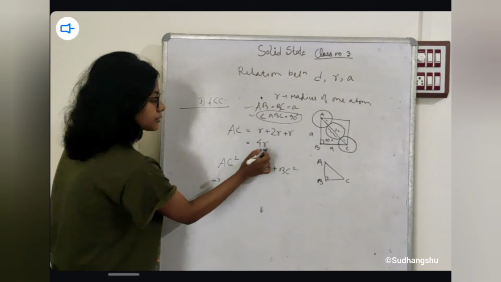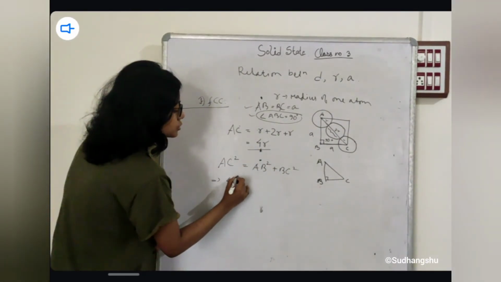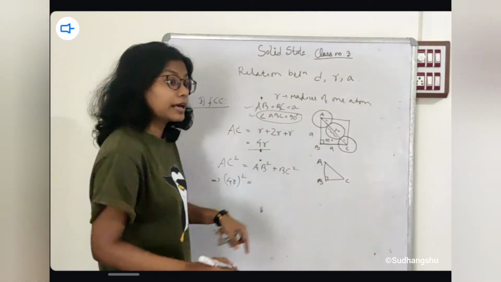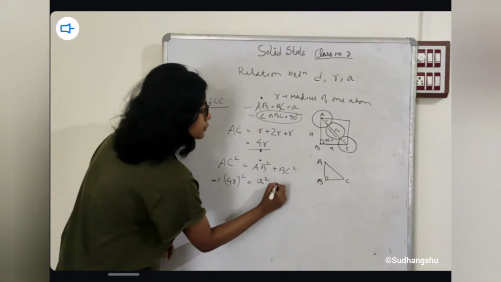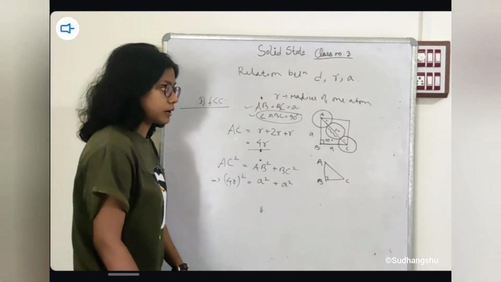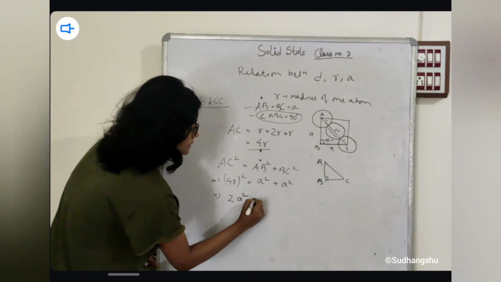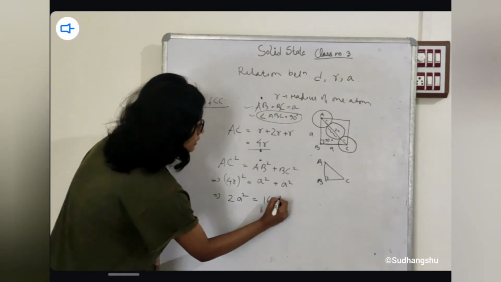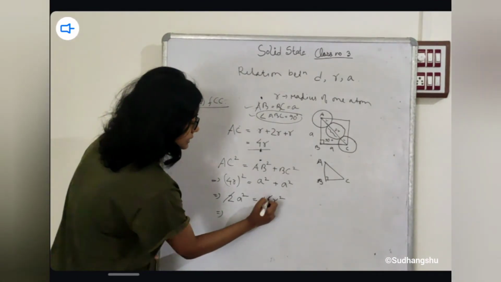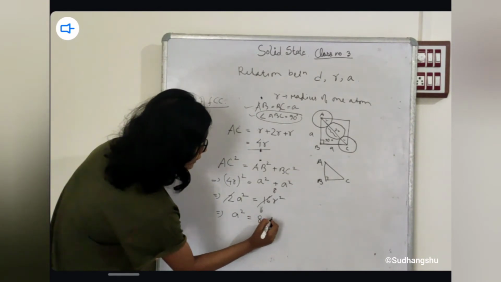So now AC square, what is AC? 4r. So 4r square is equal to, what is AB? AB is a. a is the edge length. a square plus again BC is equal to a, so it is a square. So it will be 2a square equal to 16r square, right? Then 2, 16, 8. So a square is equal to 8r square.